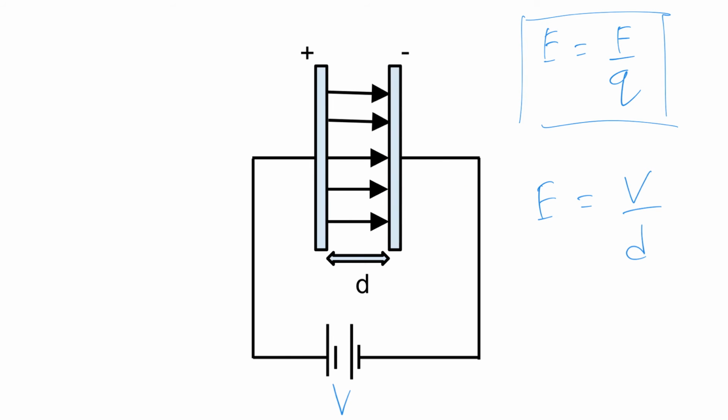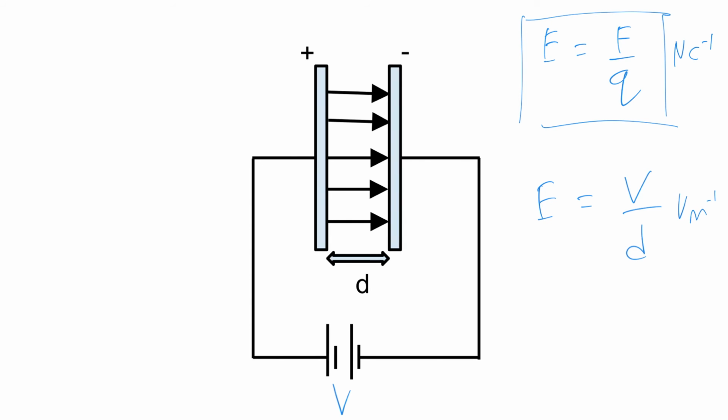Does it make sense? So for your AS, you only have to remember this formula. In A2, we will actually derive this formula for you. But for AS, you just use common sense. Well, the field strength between the plates is proportional to PD, but inversely proportional to separation. That's all. Okay? Now, when you use this formula, you will end up with what unit? Volt per meter. But earlier on, when we used F divided by Q, we got Newton per coulomb.